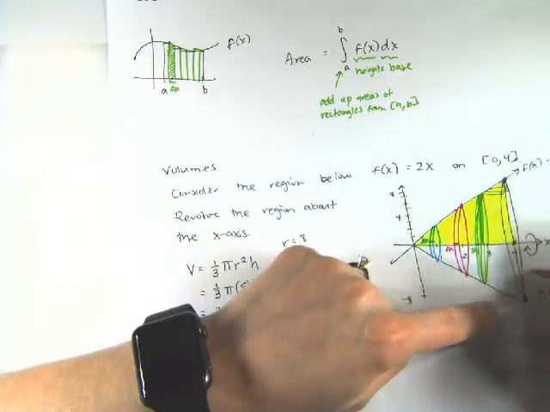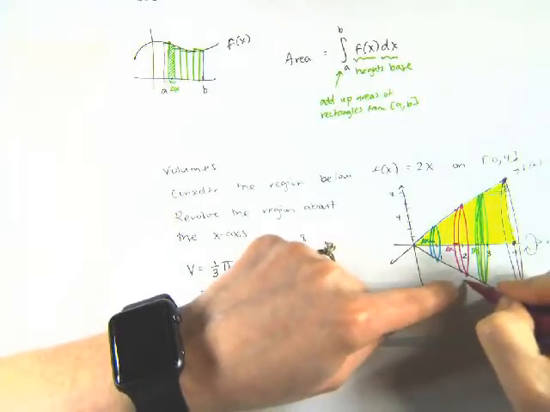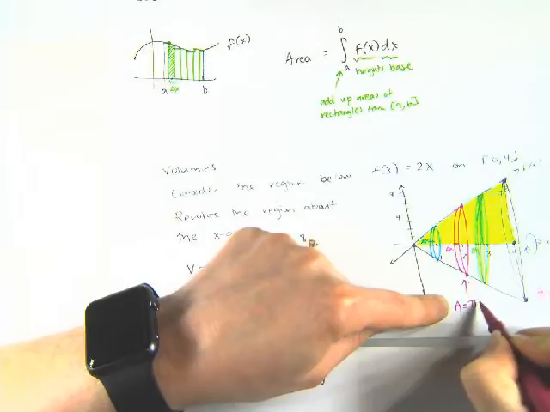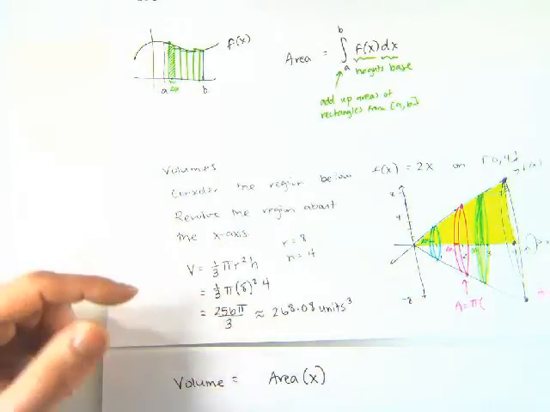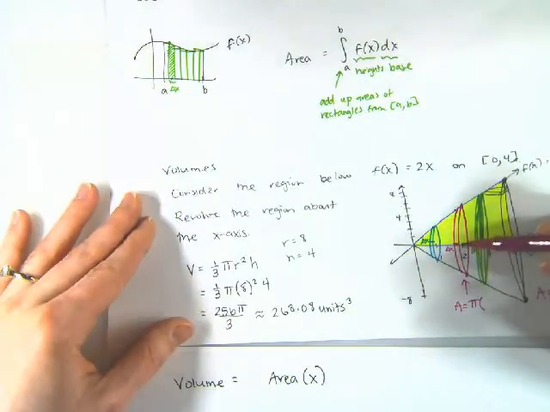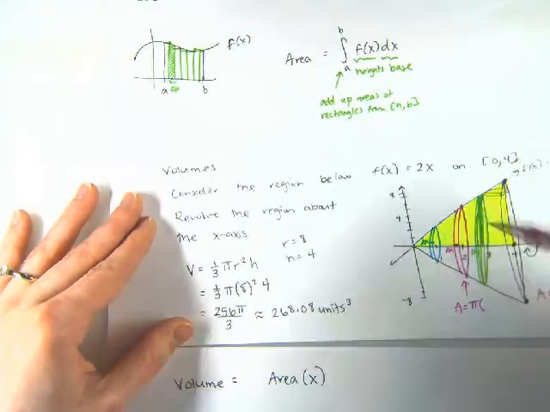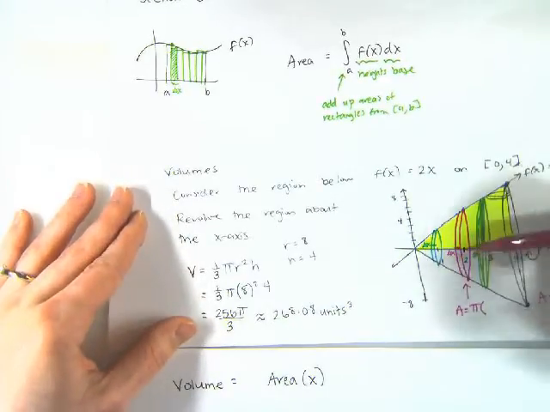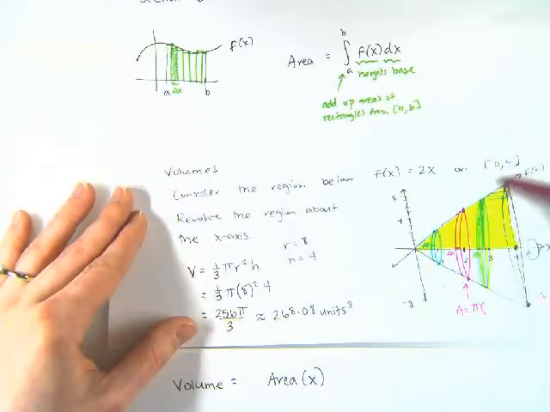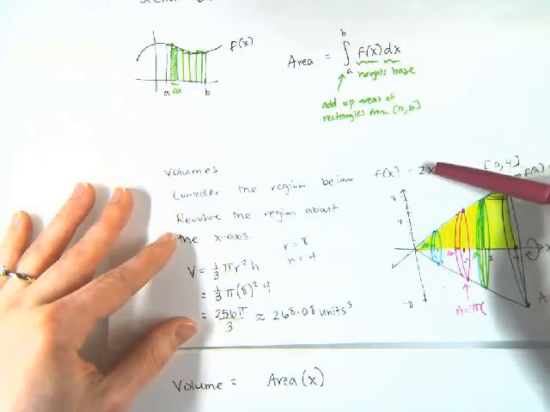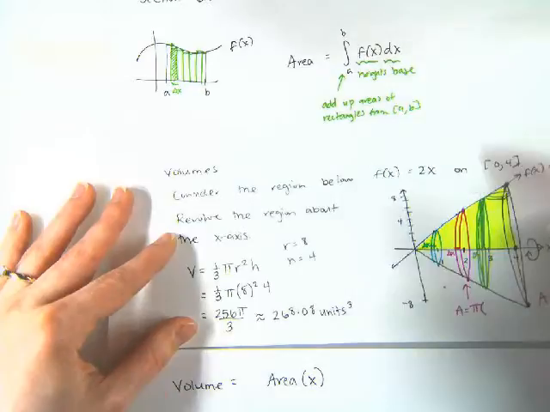Okay, so if I put one, well, let's see, this one here at 2. The area of this cross-section would be pi, what's the radius there? I put it here at 2. It's 4. How do we get 4? It was this line that I revolved, so all my y values are double whatever the x value is.